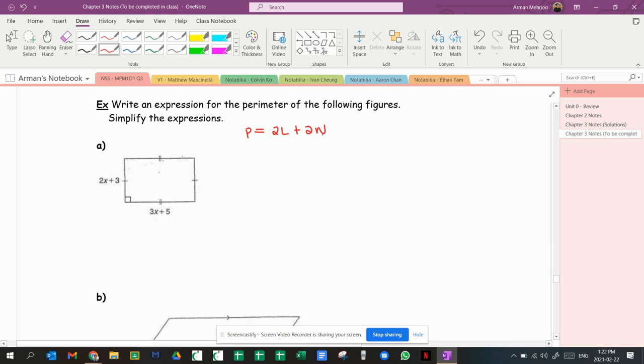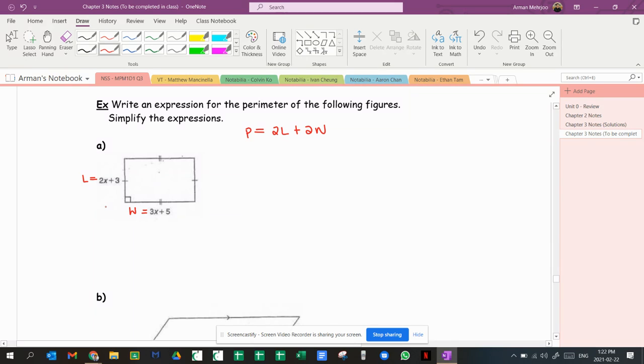In this case, I just use L and W because we have a rectangle. That's typically what we're comfortable with. Now check this out. I know what my length and width are. This is actually my width, this whole equation here. And this is actually my length, this whole equation here.